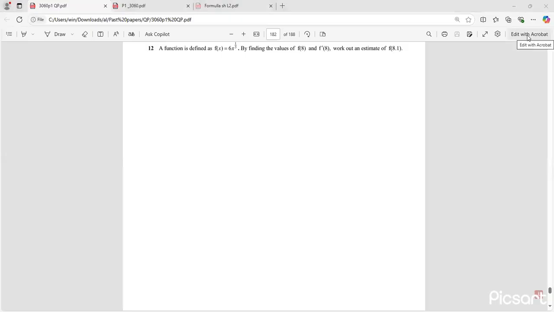Okay, question number 12. Here he gives you a function, f of x equals 6x to the power of a third. By finding the values of f(8) and f'(8), work out an estimation of f(8.1).